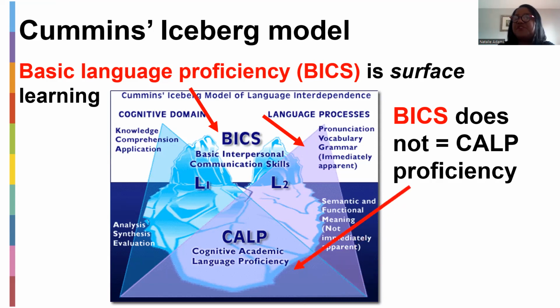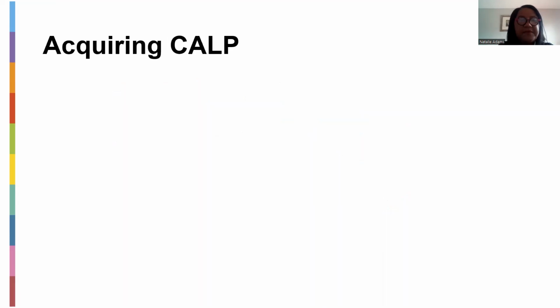And what is CALP? CALP is called cognitive academic language proficiency. This is where your student will eventually learn information, grammar, language from you, but they will have a deeper cognitive academic language proficiency after you've taught them that way. And so they will learn about semantics and functioning, meaning, those things that are not immediately apparent, okay?